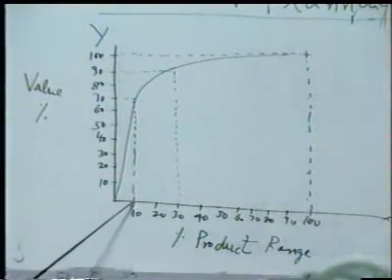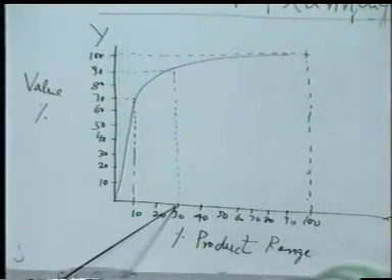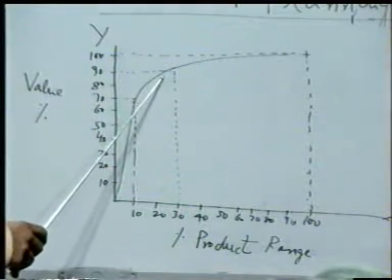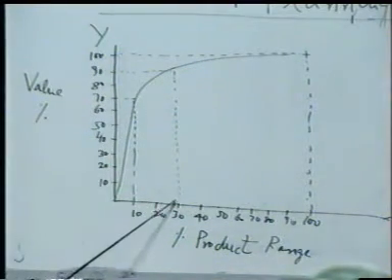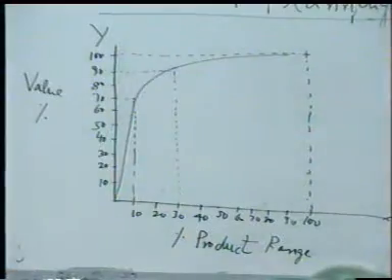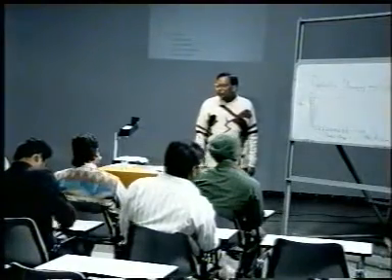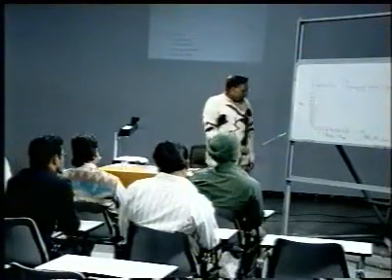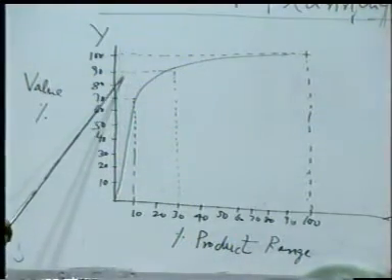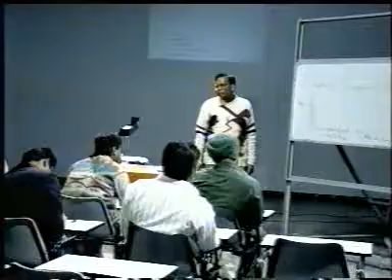Then the next 20% of the product, they are having 20% of the value. So, if you see at 30%, the total value is 90%. What does that mean? That additional 20% of the product, they are adding only 20% of the value.